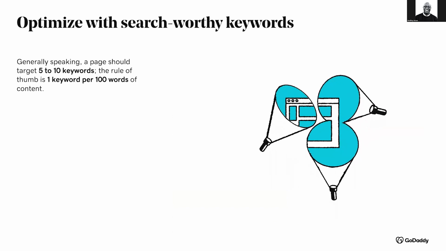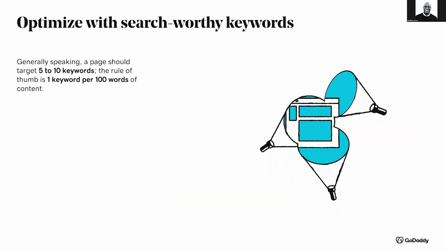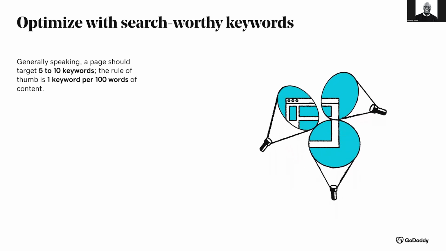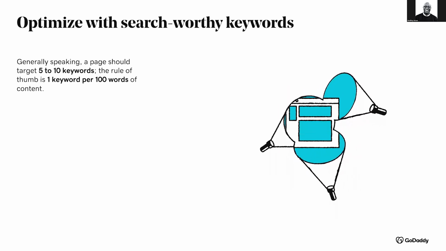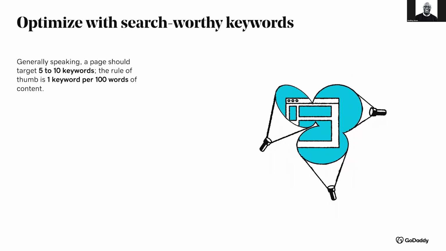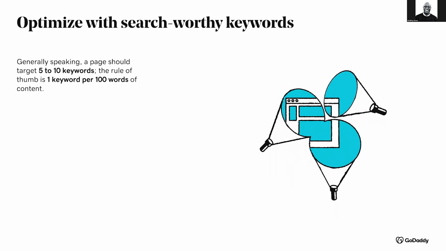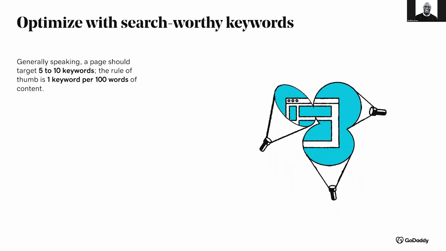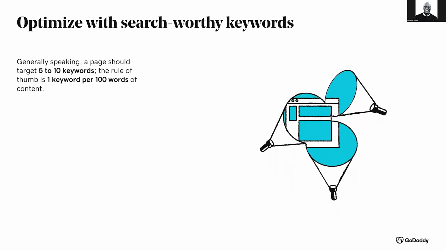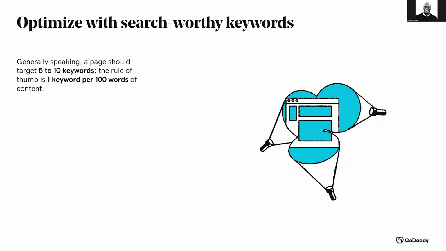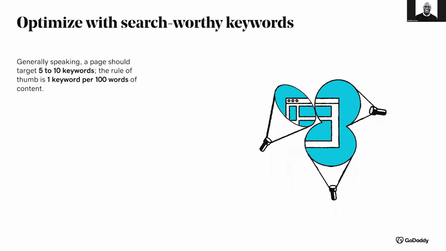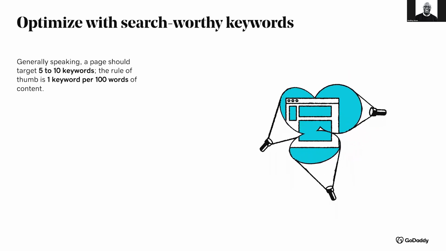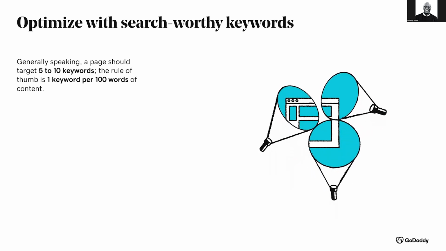Brainstorm, write down a few top terms on a piece of paper, and these keywords are to be included throughout your website. Without going overboard or stuffing your content with keywords, try to incorporate them naturally. Generally speaking, as a rule of thumb, a page should target 5 to 10 keywords, and 1 keyword per 100 words of content.